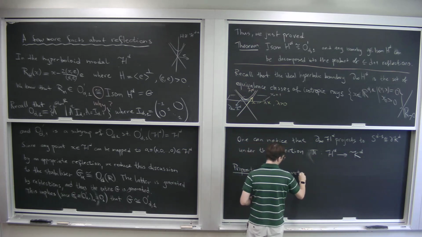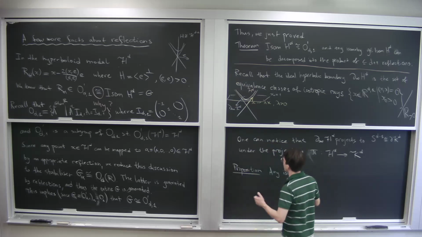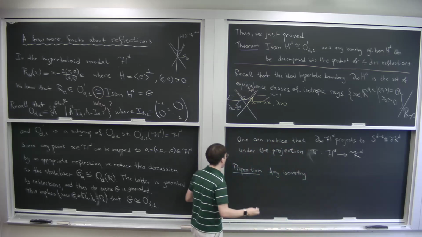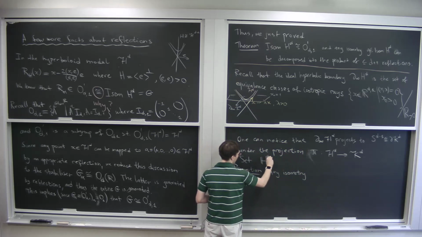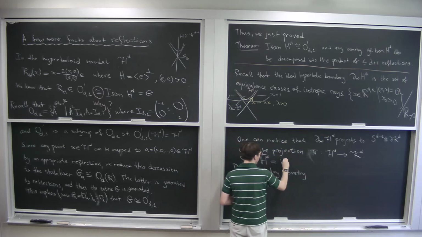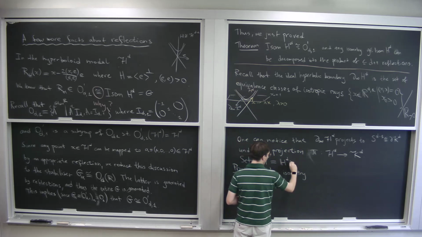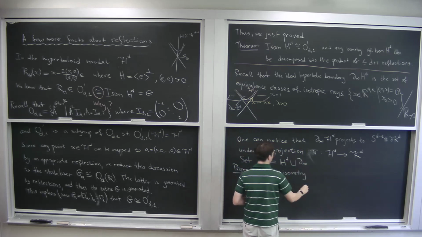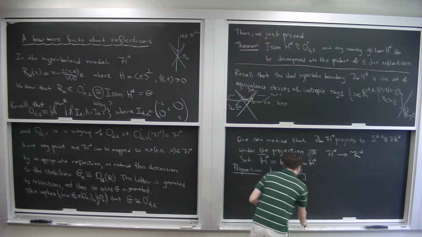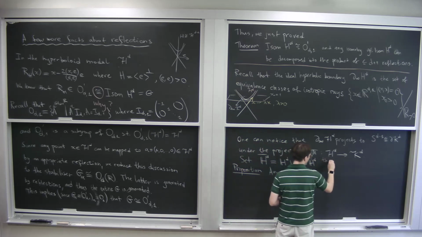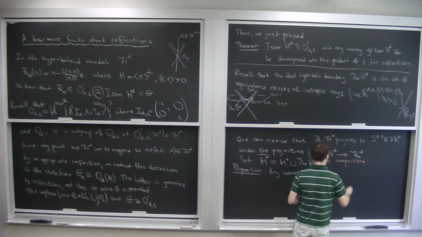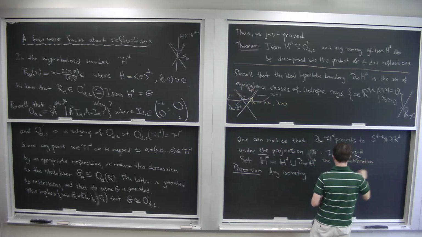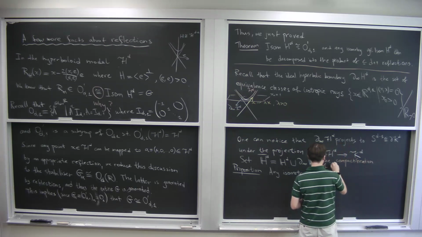By the way, we set HD bar as the union of HD with the ideal boundary, and this is the compactification of the hyperbolic space.